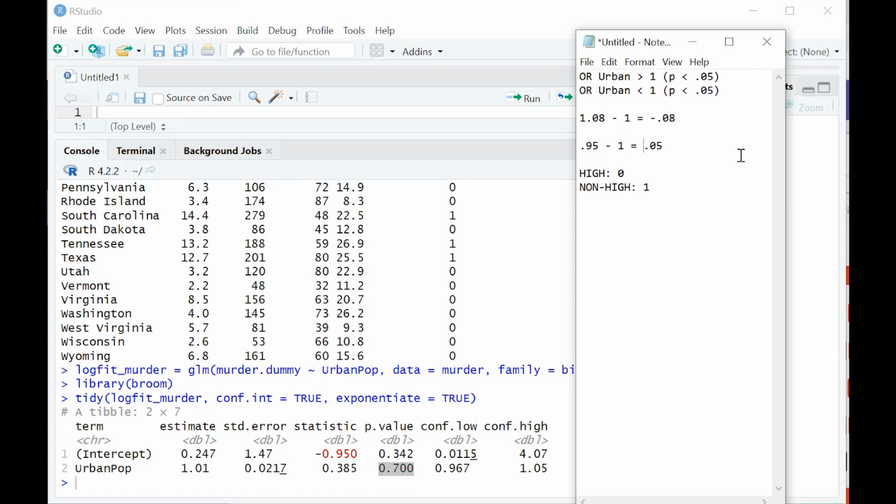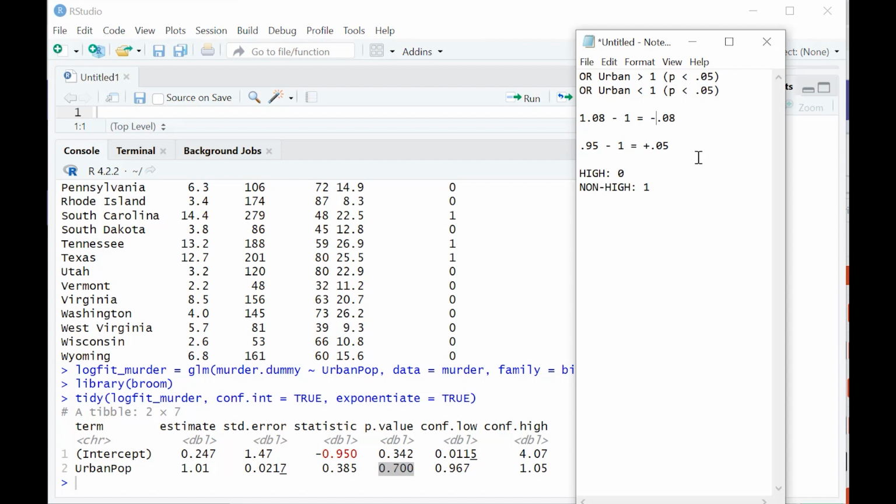So if my outcome is a non-high murder state, coded as 1, and a high murder state is 0, and I could do that because, as a researcher, I'm interested in what makes a state a non-high murder rate state, then that just changes the interpretation correspondingly. So if my OR were 1.08, that means there would be an 8% decrease in the likelihood of a state being a non-high murder state.